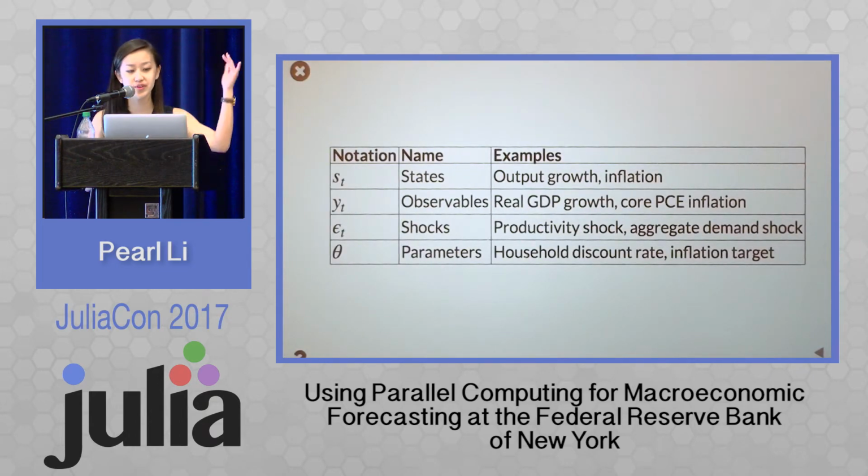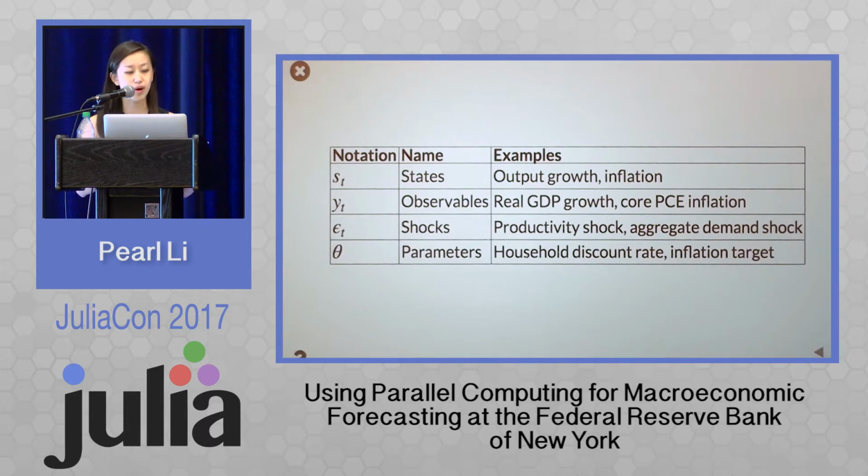Just to review the notation, s_t is a vector of states, for example, some economic notion of output growth and inflation. y_t is a vector of observables, so these are things that we see in the data, like real GDP growth or core PCE inflation. The epsilon_t vector is a vector of shocks, which hit in the current period, for example, a shock to productivity.